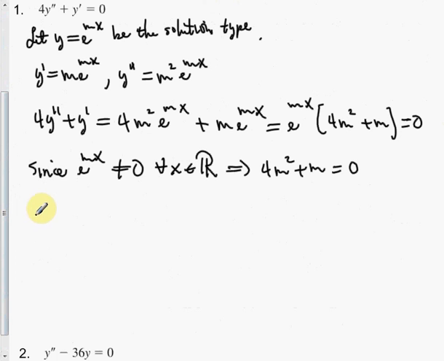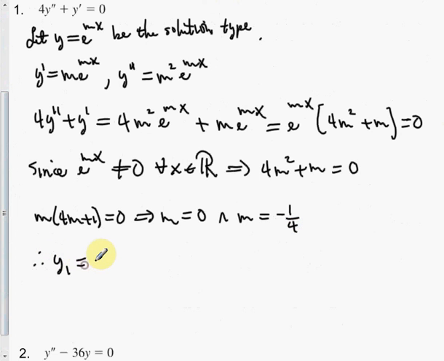So here we solve for m. Factor out m, we get m times 4m plus 1 equal to 0. This implies that m is equal to 0 and m is equal to negative 1/4. So what does that say? That says that y sub 1 is equal to e to the 0 times x. This is e to the 0, that's equal to 1. And this says that y sub 2 is equal to e to the negative 1/4 x.